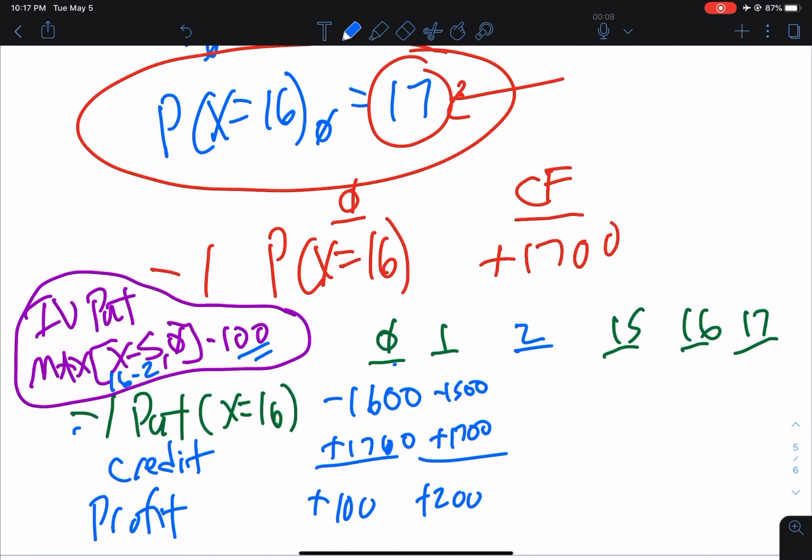We sold to open, so we have to buy to close, so I shell out 1,400. But that credit was still 1,700, so now I make $300 profit. Interesting.